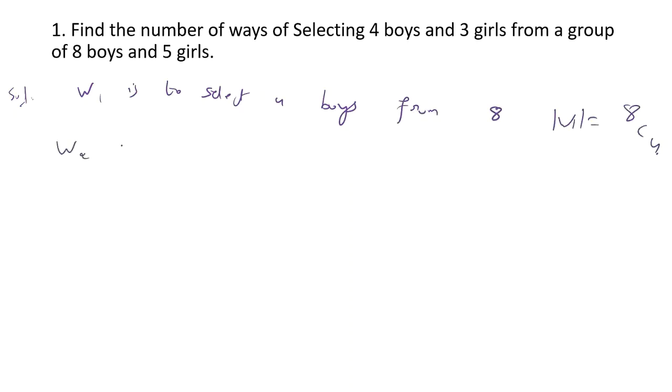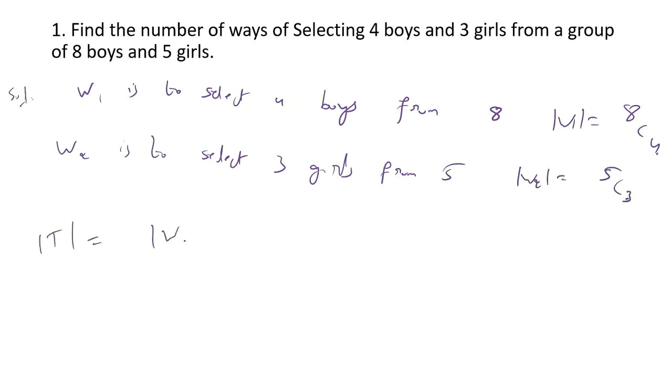And W2 is to select 3 girls from 5, and this can be done in 5 choose 3 ways. Therefore, the number of ways of completing the task is equal to the number of ways of doing W1 times the number of ways of doing W2, which is going to be 8 choose 4 times 5 choose 3. No need to expand these things. You can leave the answer as it is.